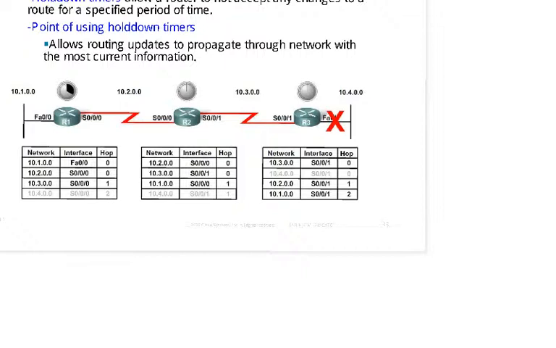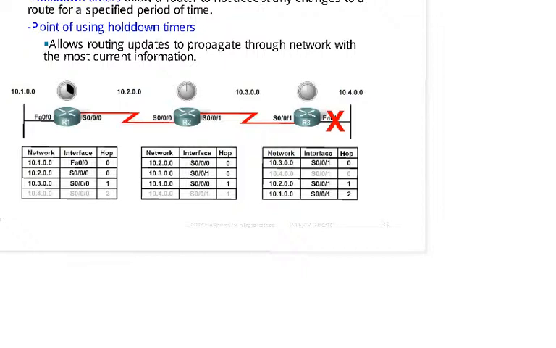Which means that if router 1 or 2 or 3 receive a packet destined to this network, they will still forward. They will still forward. But this will not cause a loop in that case, because router 3, if a packet is destined to this network, will not forward it to router 2.